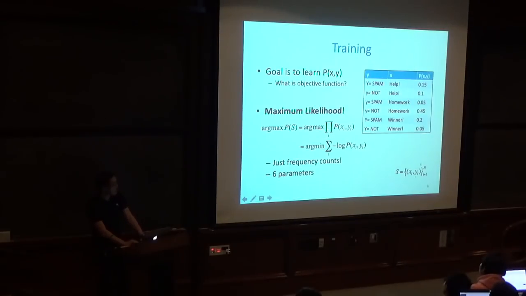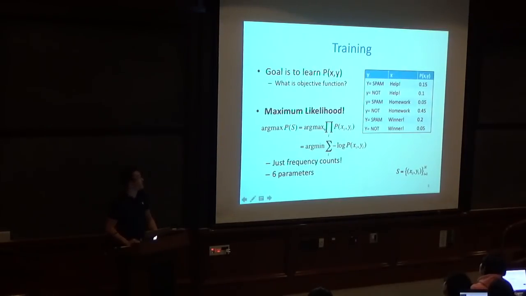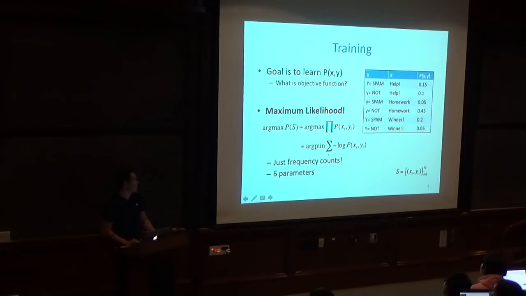So S is the data set. Assuming every data point is sampled independently from the true distribution, this factorizes into a probability over each individual sample. And typically we minimize the negative log likelihood, so this is the log loss over this model class of x comma y instead of y given x.